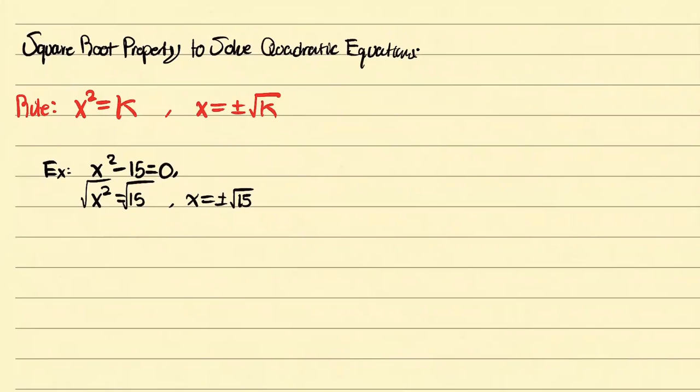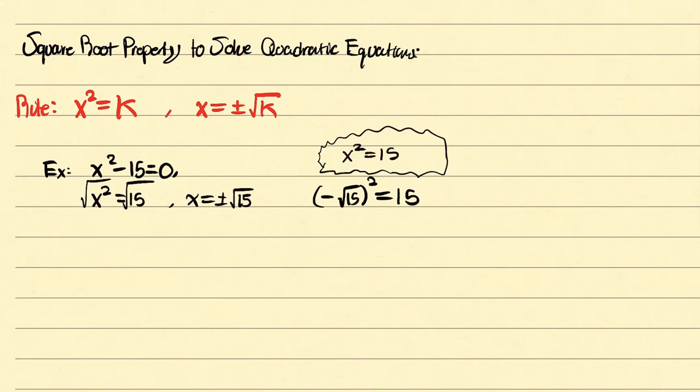So let's re-solve the question. Let's think about, is negative square root of 15 squared equal to 15, right? Because that's supposedly a solution to this. Is this a true statement? I'm thinking of the original equation we had, and these are the two suggested solutions, plus or minus root 15.